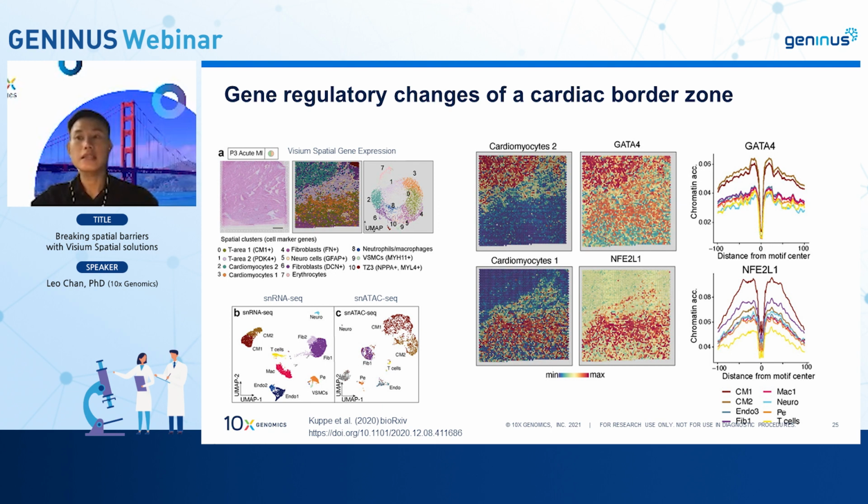This zone separates distinct areas of gene expression in the upper left part from the lower right part of the specimen. Overall, their analysis indicated spatially distinct gene expression and regulation in the border zones, with cardiomyocyte subsets that are spatially located with distinct regions of injury, inflammation, and remodeling.